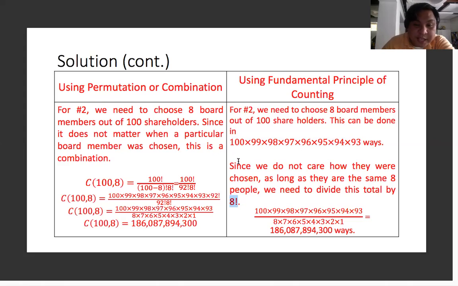So if we divide this by 8 factorial, we actually get the same expression we had earlier. That being the case, we should expect the same answer, which is 186 billion with a B, 87,894,300 ways. So hopefully you learned something this week, preferably how to use permutations and combinations properly.